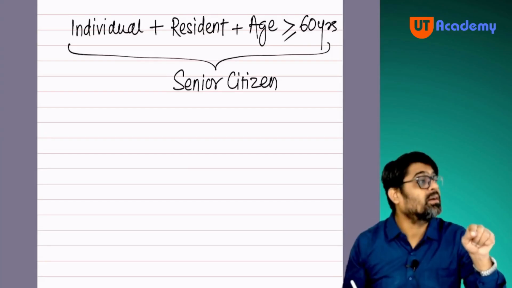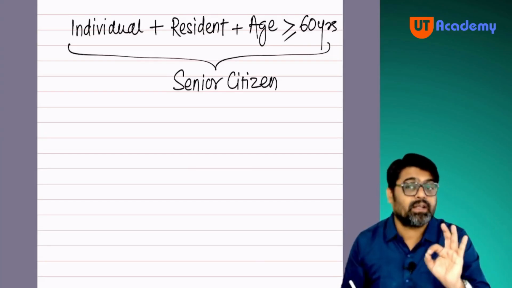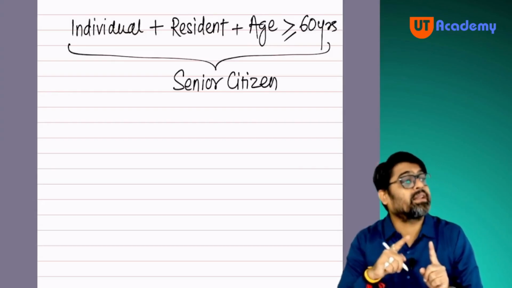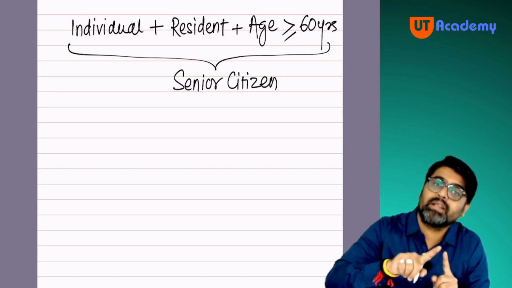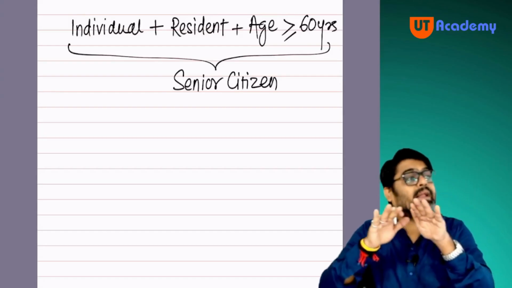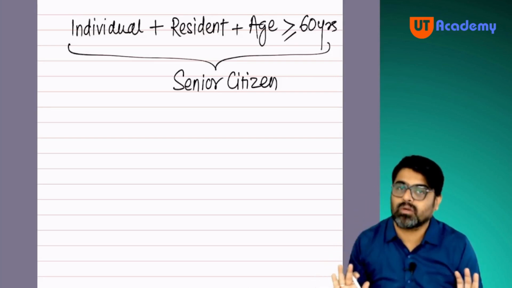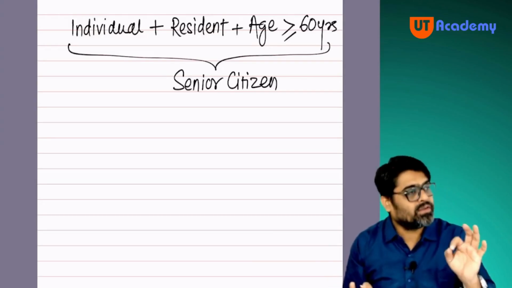So in order to become a senior citizen, your status should be resident also. You will not just check the age, you will also check the residential status. So if your residential status is resident and at any time during the previous year your age is 60 years or more, then only such type of individual will be known as senior citizen.